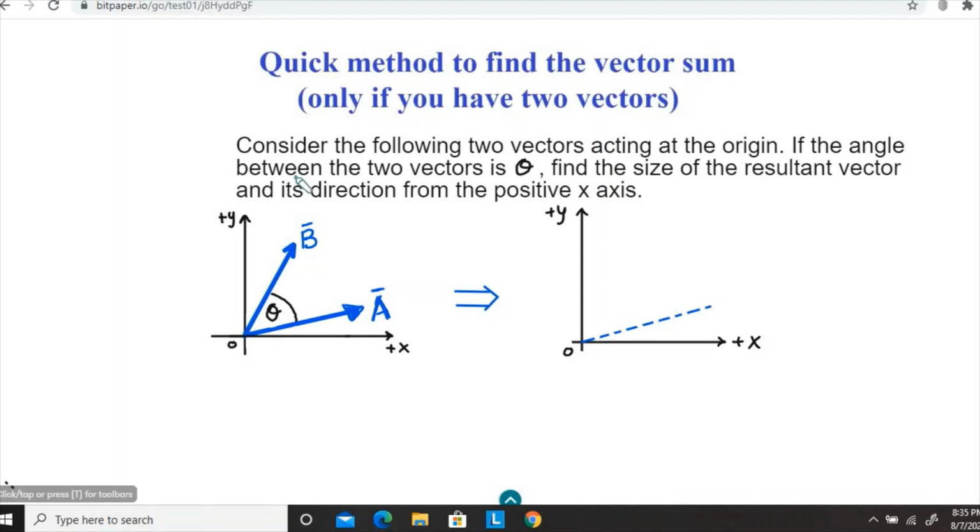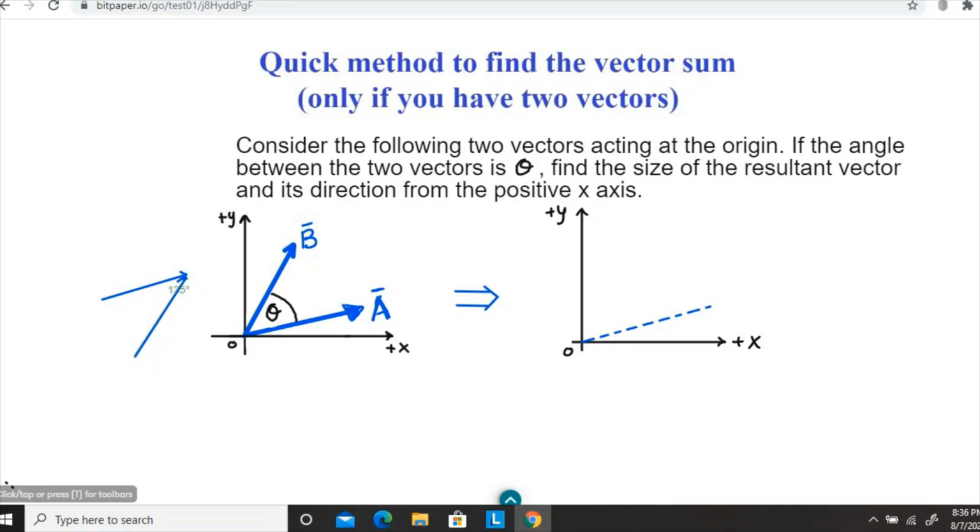Now here the 2 vectors are connected tail to tail. Both vectors, their tails are connected in this case, and the angle is with respect to those tails. Now this analysis is also valid if the heads of the 2 vectors are connected. So for example, let's say you have vector A like this, and then vector B like that.